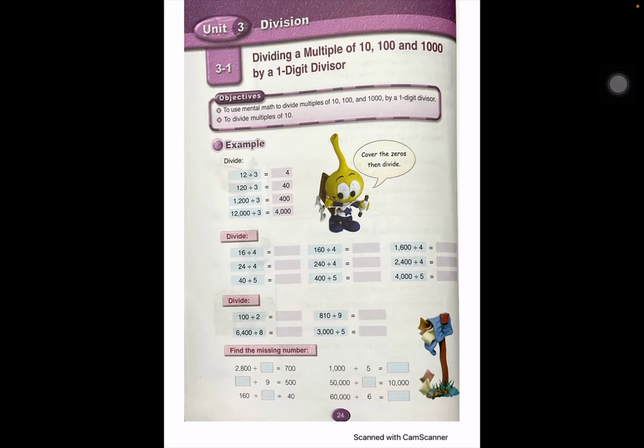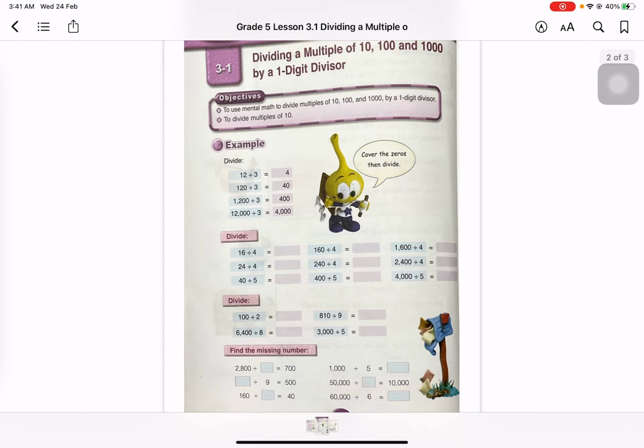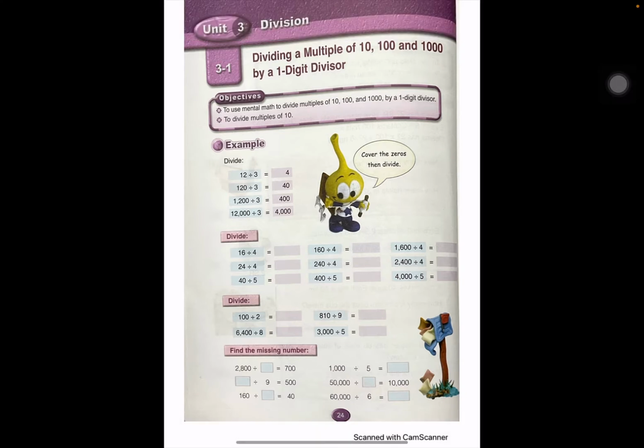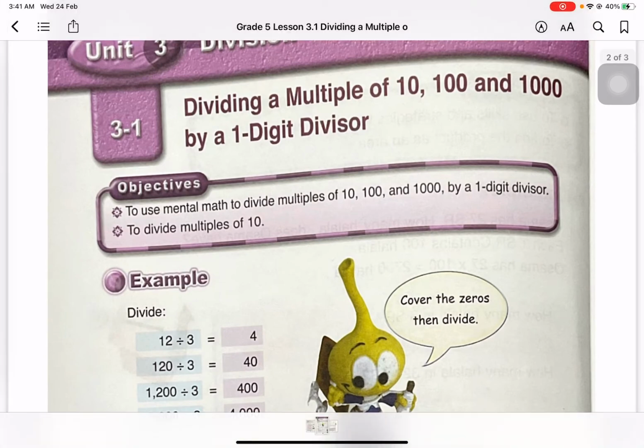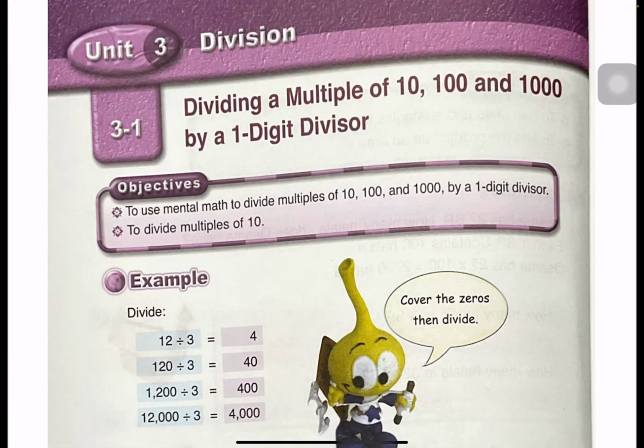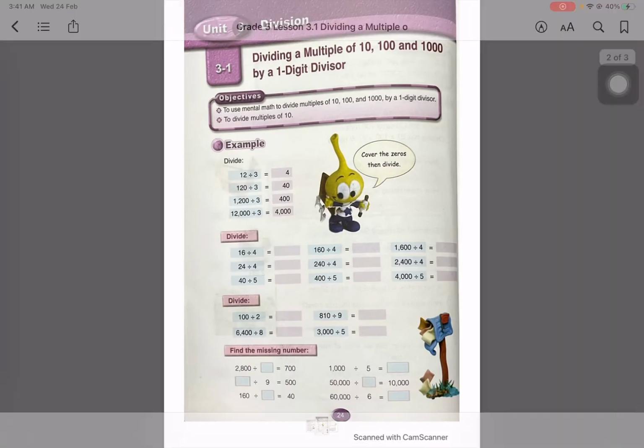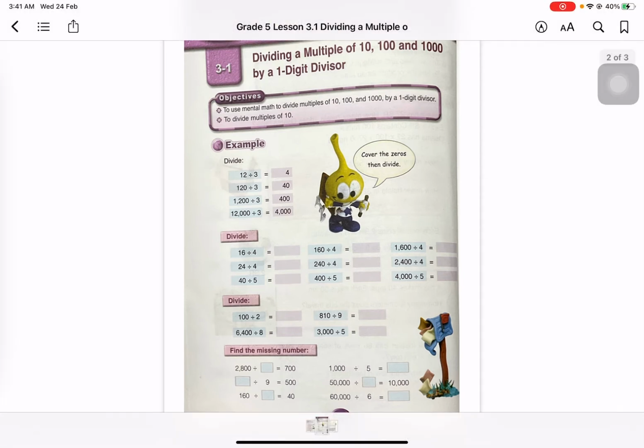So in this lesson my objective, ايش هدفي في هذا lesson, is to use mental math to divide multiples of 10, 100, 1000. Multiples of 10 means 10, 20, 30, 40.